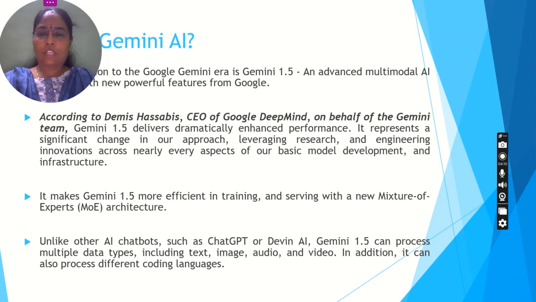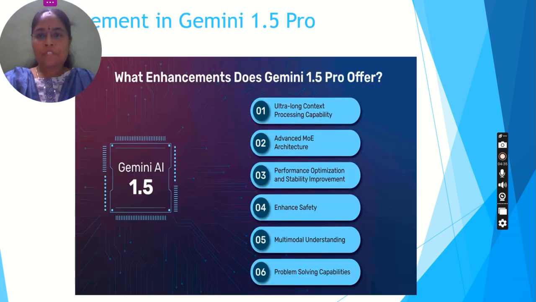Even in the IT industry, people have started using ChatGPT, Gemini 1.5 Pro and various other AIs for coding, because everybody is not an expert in every programming language. They have to learn it and debug again. These AI tools make the process easier and faster. So what enhancements is 1.5 Pro offering? We'll see all these things together.